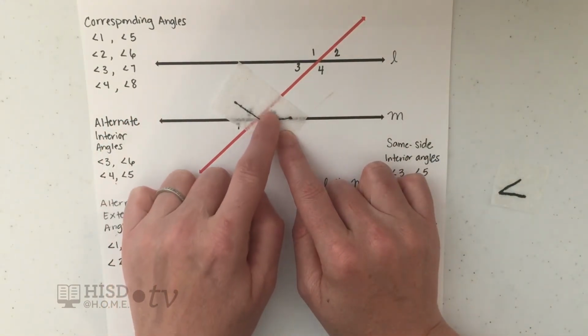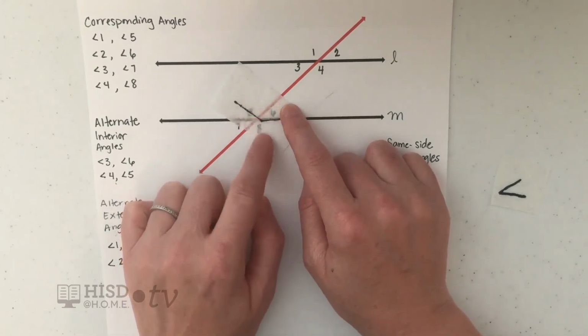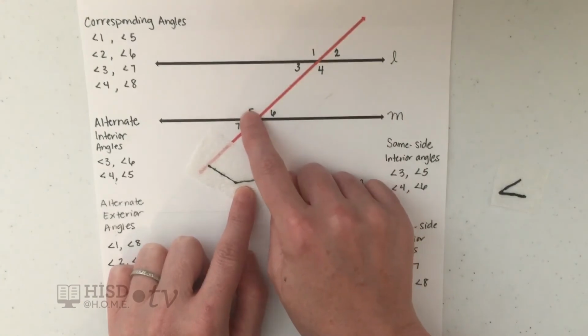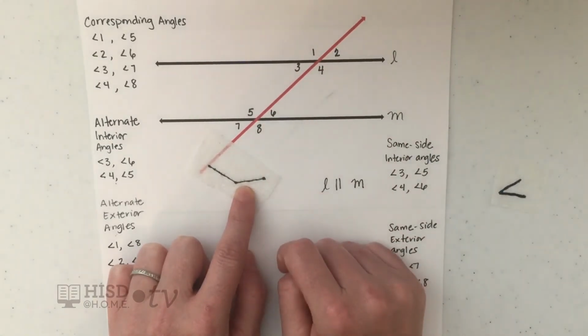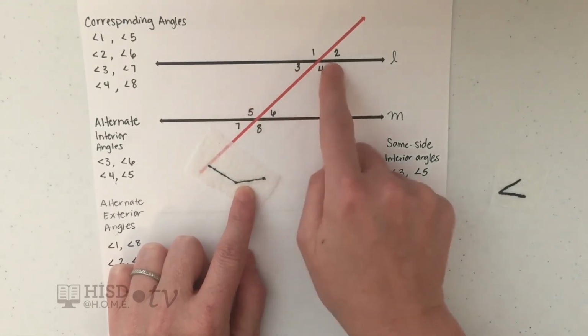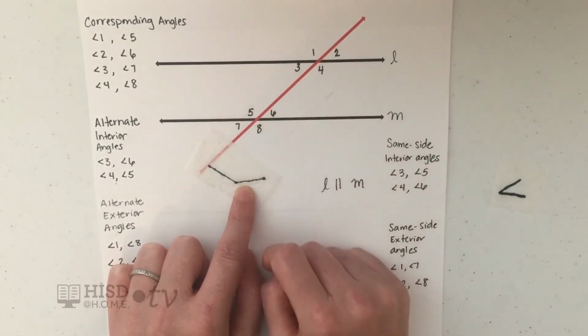It's much larger than angle 6. And that should be the case because remember that angle 4 and angle 5 are alternate interior angles. These two are congruent, which means these can't be. But what they do form is 180 degrees.